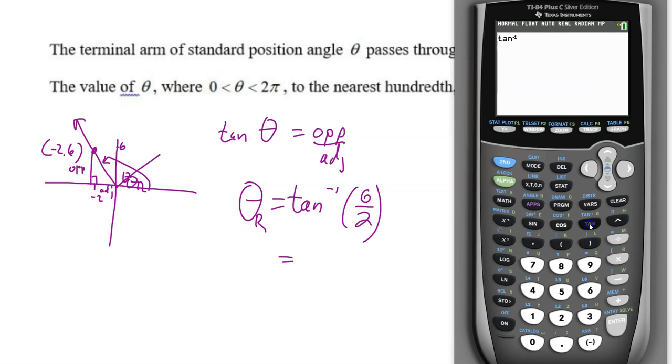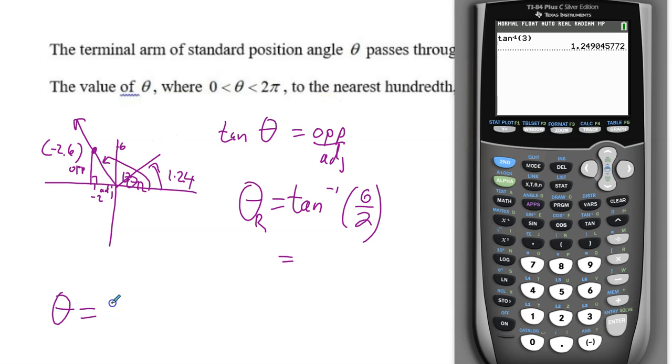So I'm going to go tan inverse of, I'll do this bit in my head, tan inverse of 3. So that's the reference angle, this angle, which is 1.25. And I want theta.